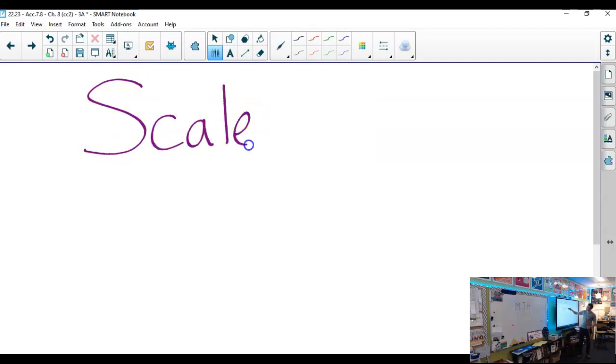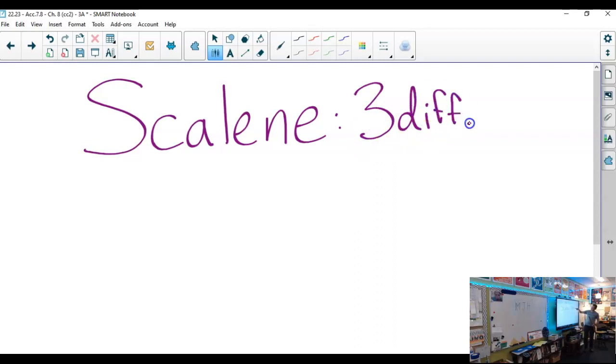Scalene. You should write these down. If you choose not to, I will say I told you so. Scalene. 3 different lengths. Now here's where it gets cool and the letters actually indicate something to us.